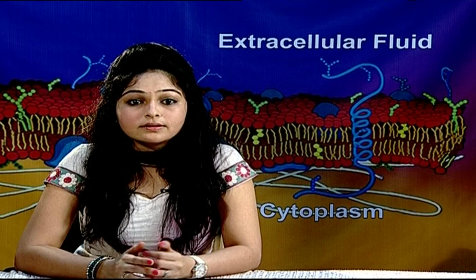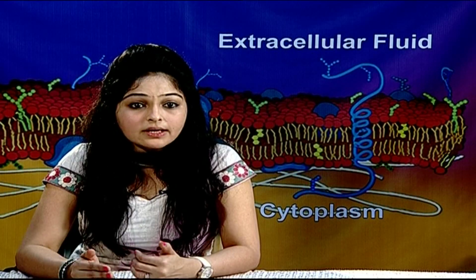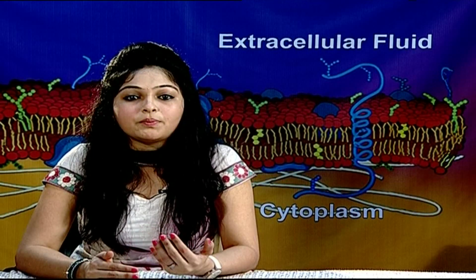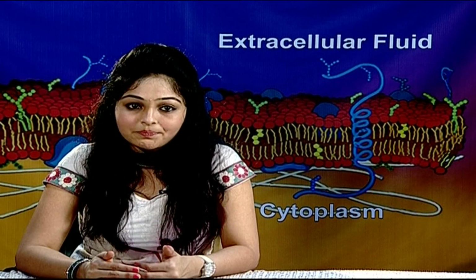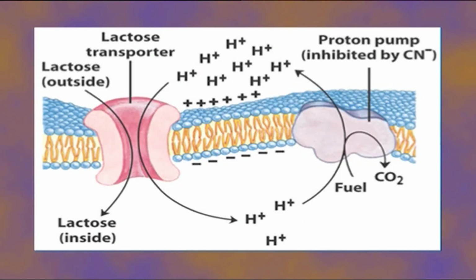They discovered that transport of lactose into bacterial cells is accompanied by an increase in the pH of the external medium. This observation suggested that the lactose permease might simultaneously transport, or symport, the protons and lactose molecules into the cell.